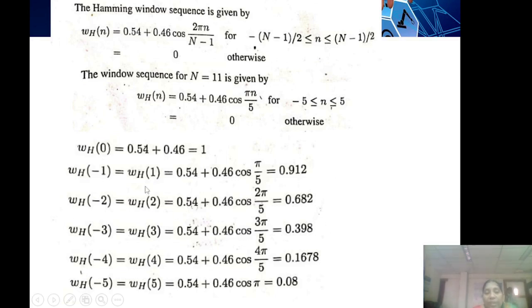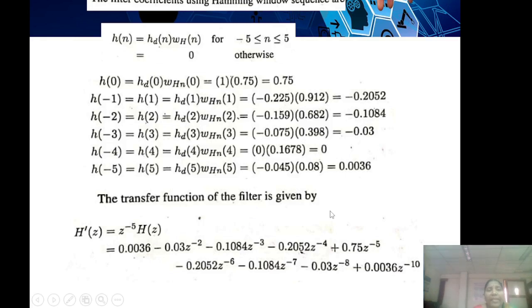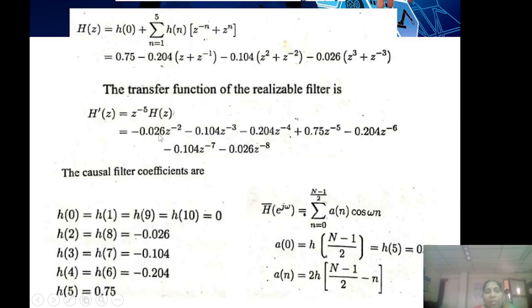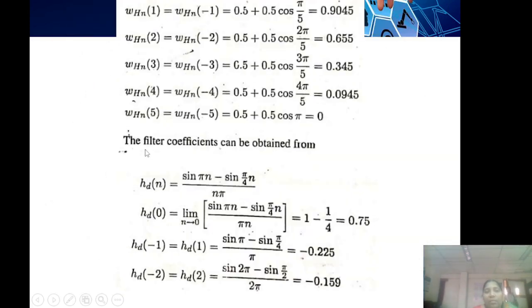Keep in mind that to compute this, you have to keep your calculator in degree mode. Next, in order to obtain the h of n, we have to obtain the HD of n and WH of n. We already obtained the HD of n in this formula.